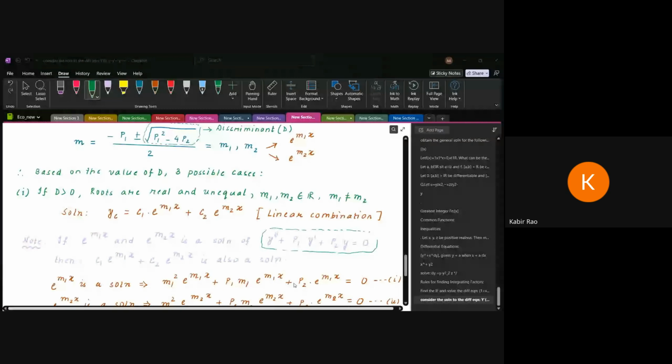In the sense that we manipulated it in a way that we reached the solution, e to the m1x, e to the m2x, and the linear combination of the two. But would there be any other possible solutions to this, with some other possible manipulations?